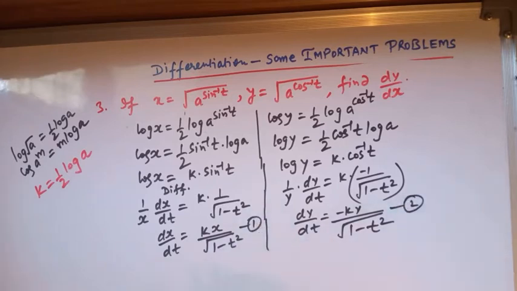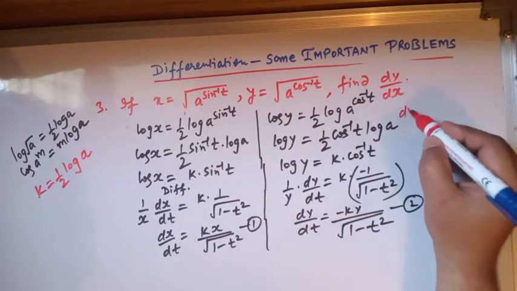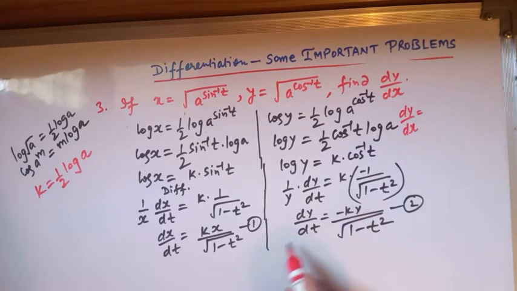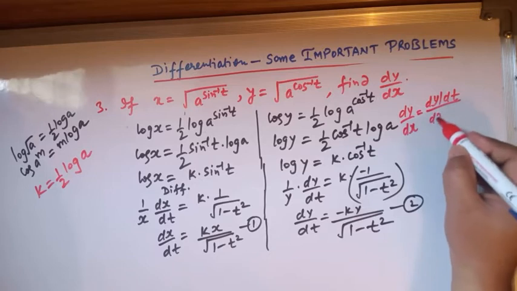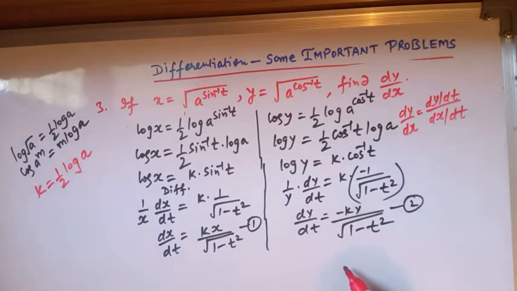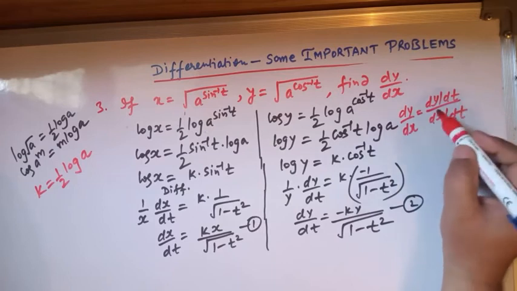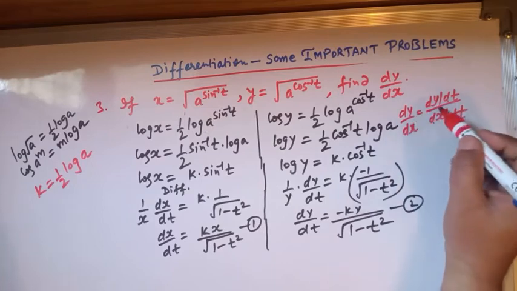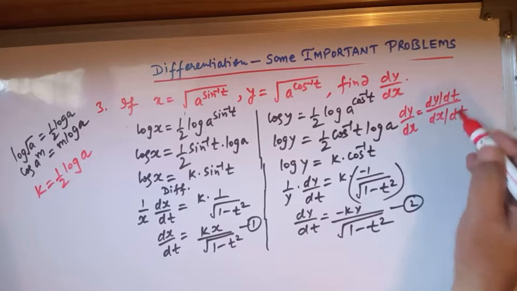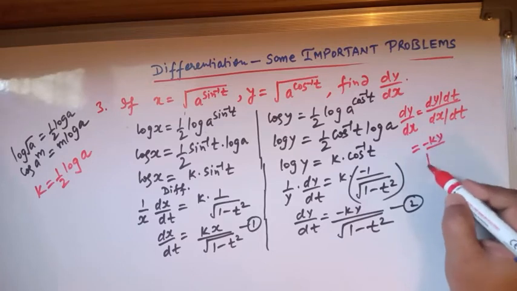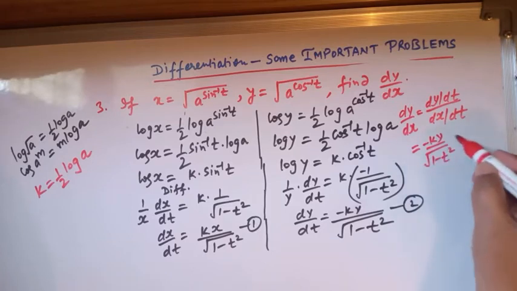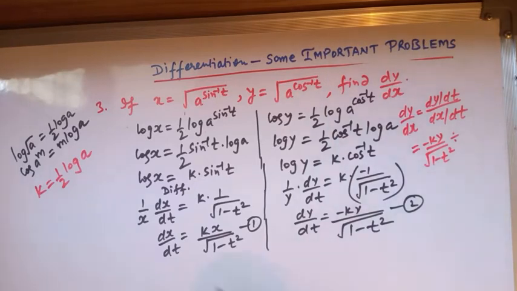Now to find the derivative dy over dx, we have dy over dt divided by dx over dt. Clear? Because in parametric differentiation we find dy over dx equal to dy over dt over dx over dt. So dy by dt is minus ky over square root of 1 minus t square, and here we have the sign of division, and here we have kx divided by square root of 1 minus t square.